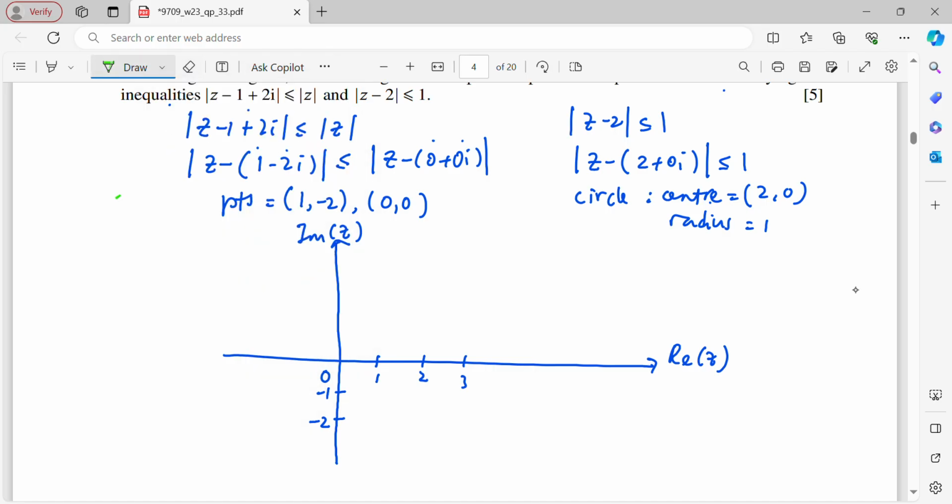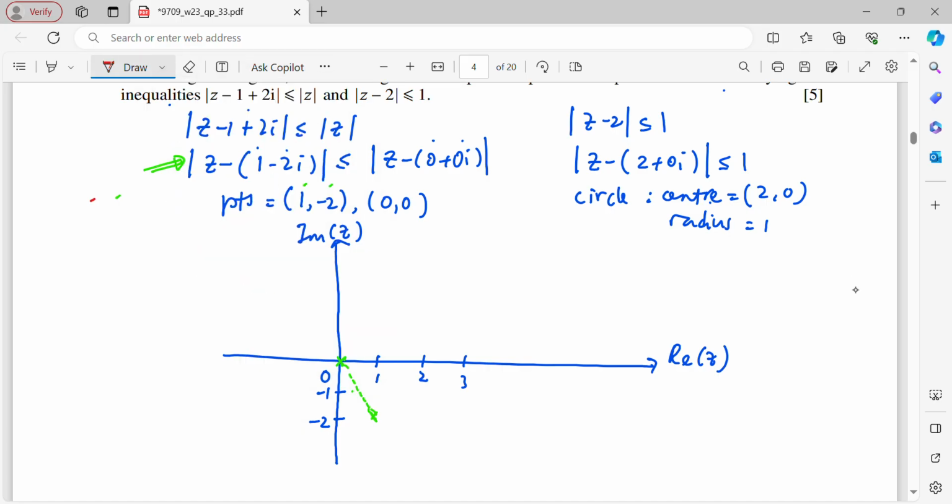So the first point is with coordinates 1, negative 2. Another one is 0, 0. So basically this is the perpendicular bisector when it is an equal sign. Okay, so it means that now I have to join these 2 points. Please measure the x and y axis, I mean the horizontal and vertical axis. Then make sure you get a perpendicular bisector.